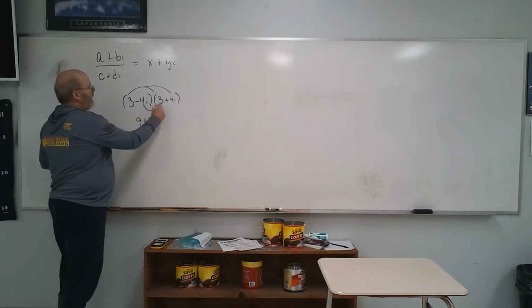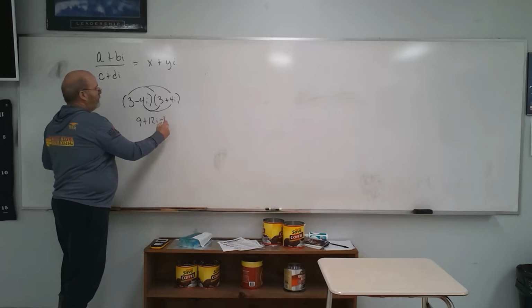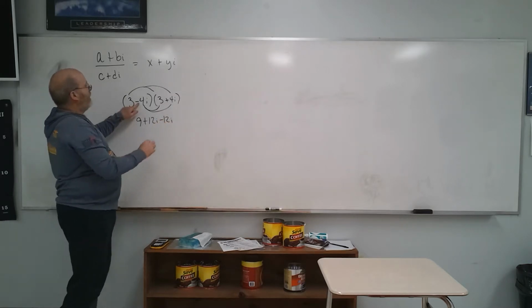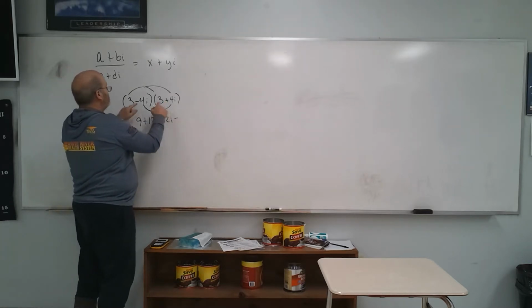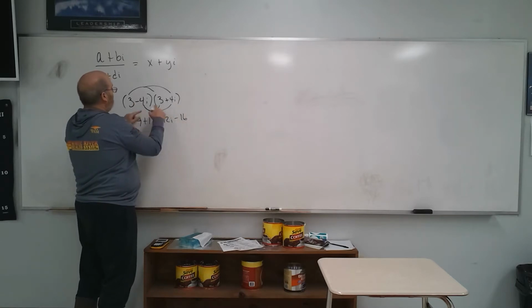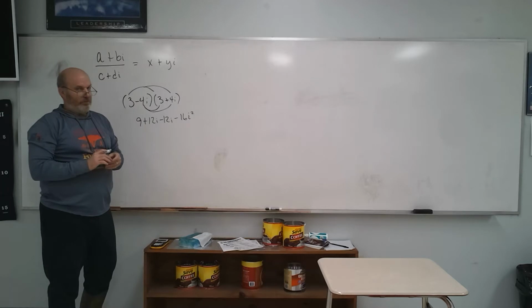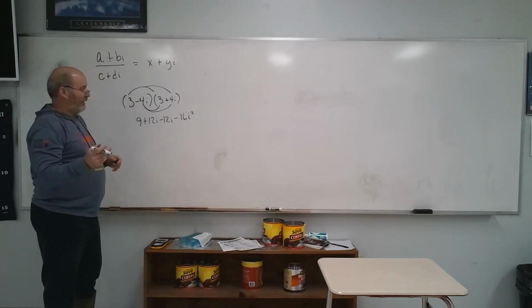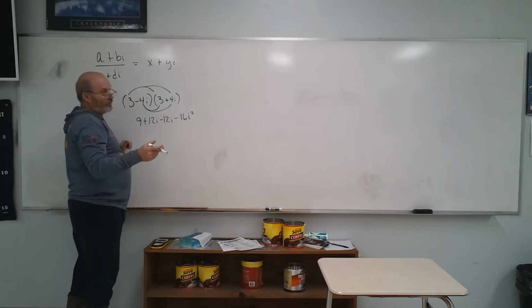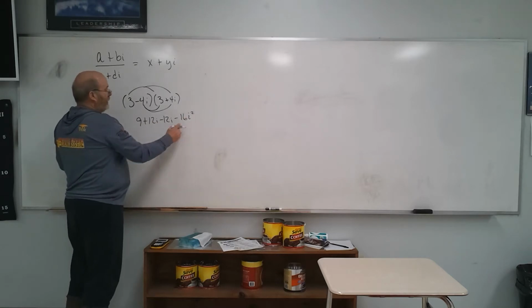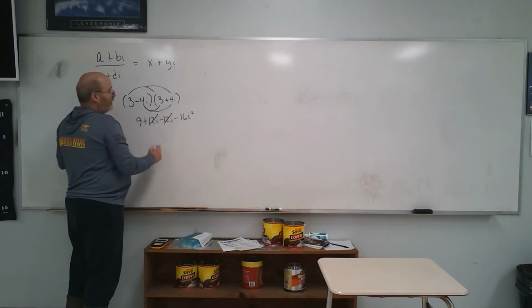And when I distribute the negative 4i, I get negative 12i. Now, positive times negative makes negative 16i squared. Yesterday, when we did operations with complex numbers, you would have learned that i squared is equal to negative 1, because the square root of negative 1 squared is negative 1. So your 12i and your negative 12i cancel out.